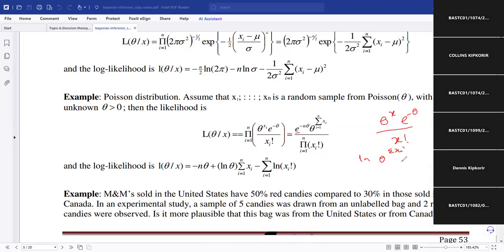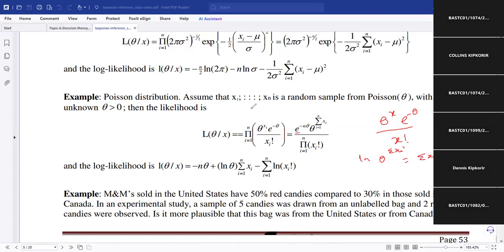So we'll have the summation of xi's multiplied by ln theta. These are based on the rules of logarithms: whatever is a power can be pre-multiplied, and that is why we have this multiplication by ln theta. Then whatever is in the denominator, we subtract the summation from i equals 1 to n of the log of the xi's factorial. And this gives us the log likelihood function for the Poisson distribution.